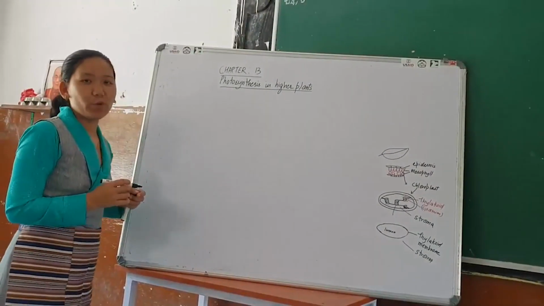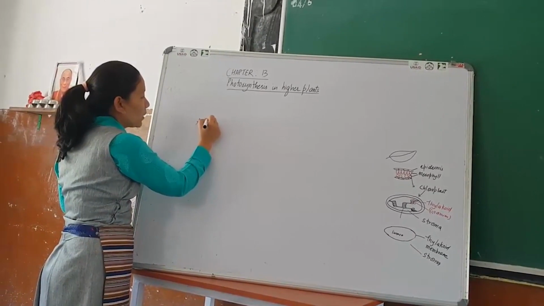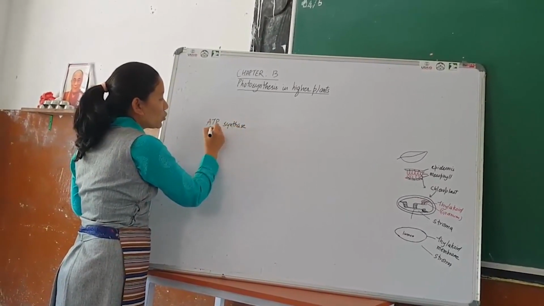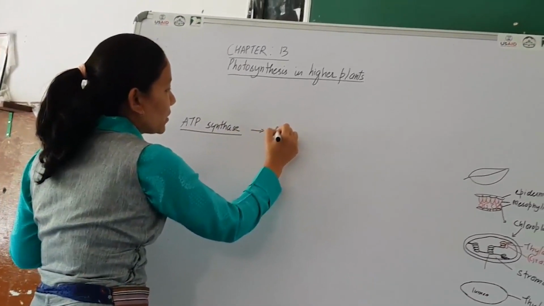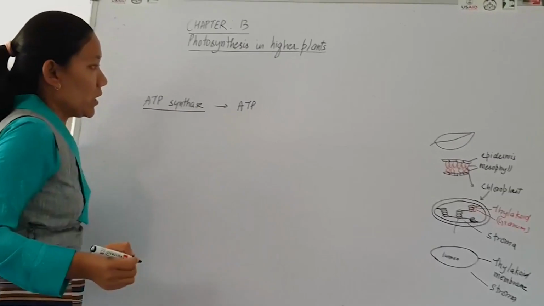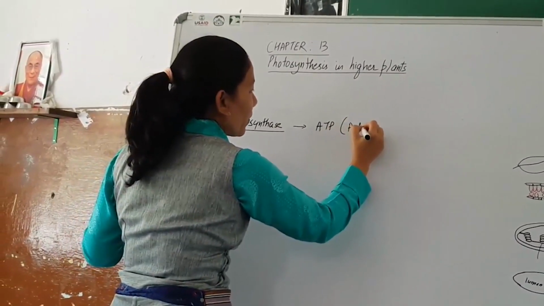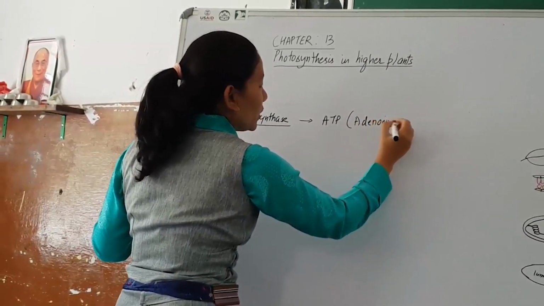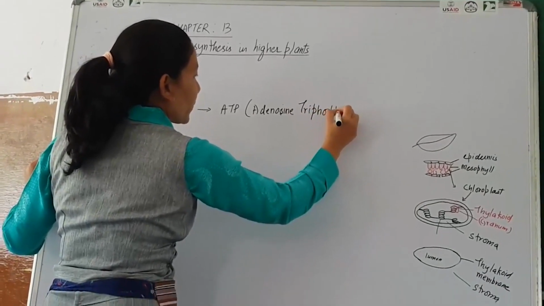Now the last component of the light reaction is ATP synthase. So ATP synthase is an enzyme which helps in the synthesis of ATP. ATP is the currency of energy. The full form is adenosine triphosphate.